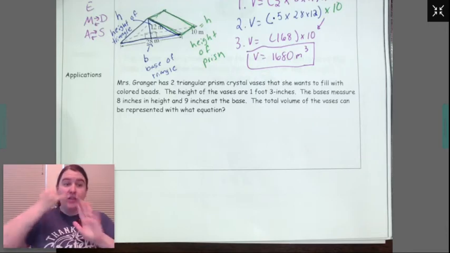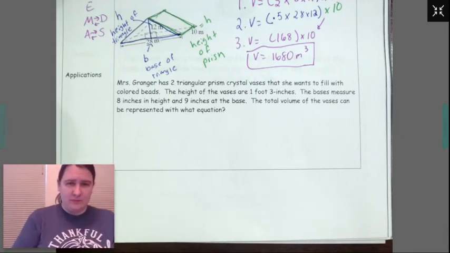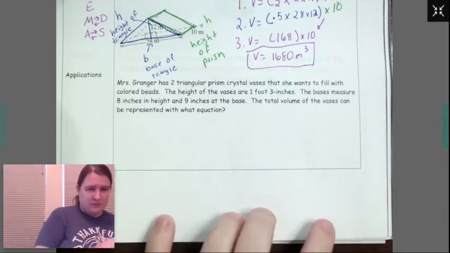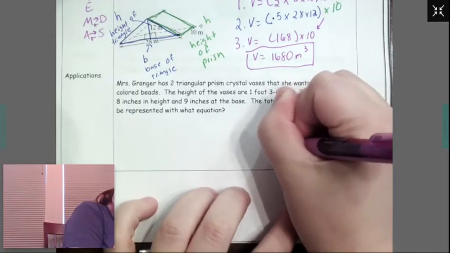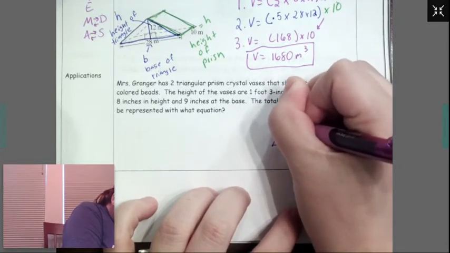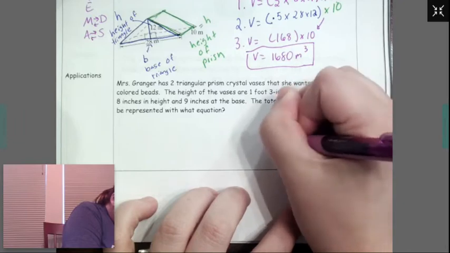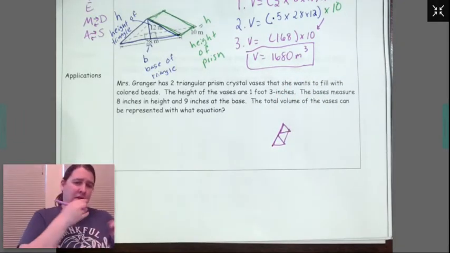Okay, so I need to draw. That will help me. Sorry, I'm not a good drawer.